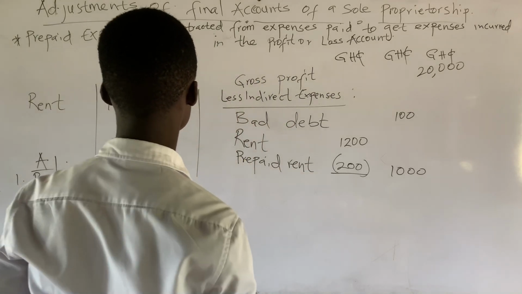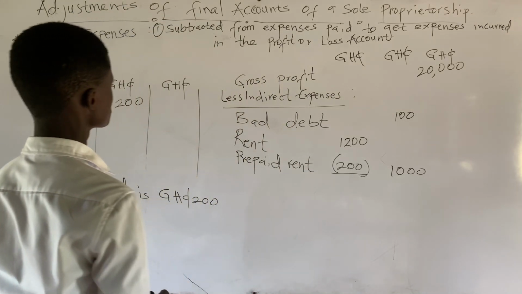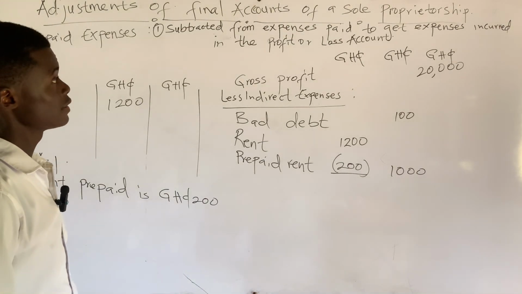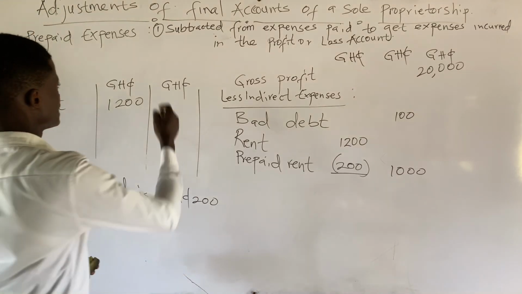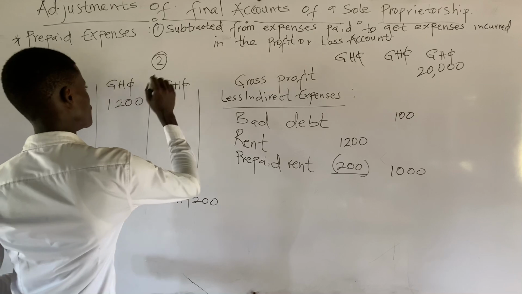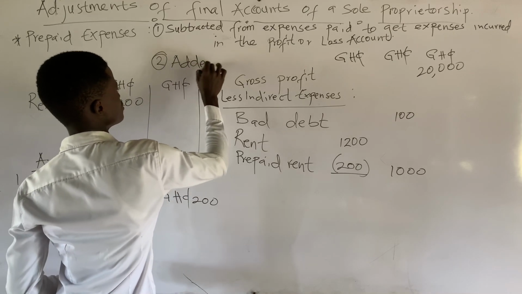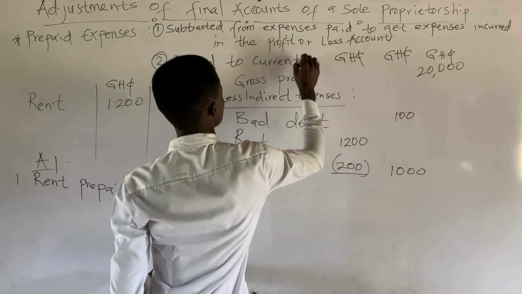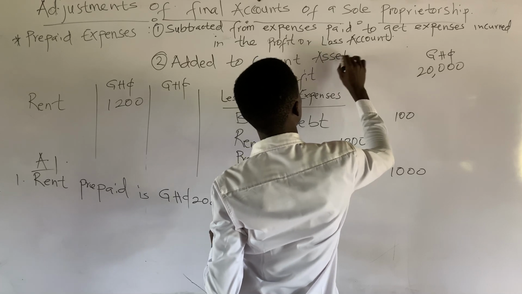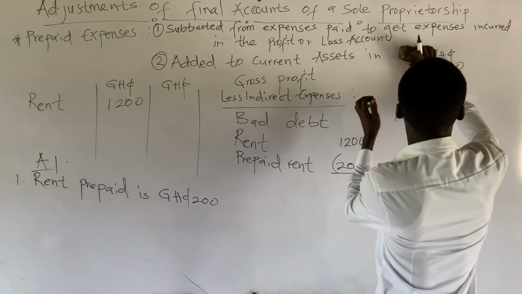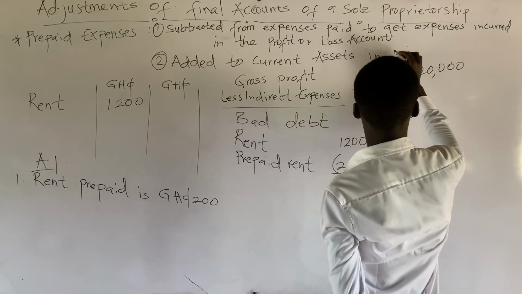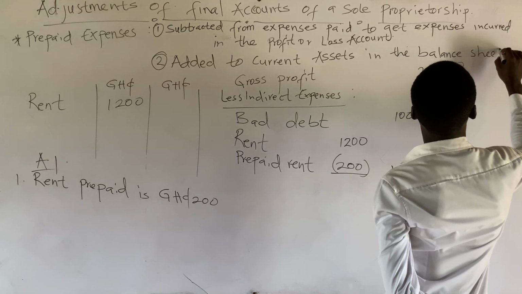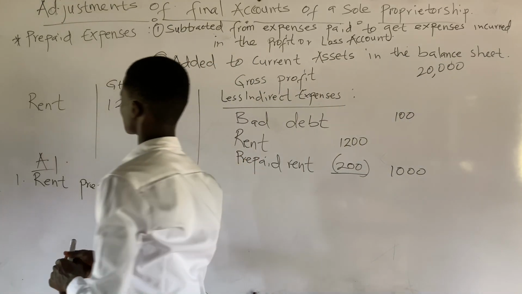The second treatment is that prepaid expenses will be added, or treated, as current assets. So it will be added to current assets in the balance sheet or statement of financial position. That's the second treatment of prepaid expenses.